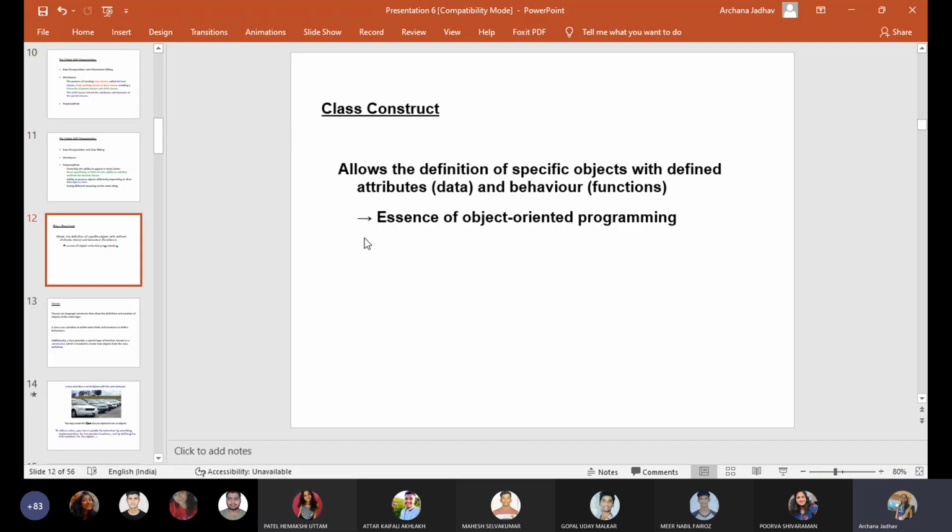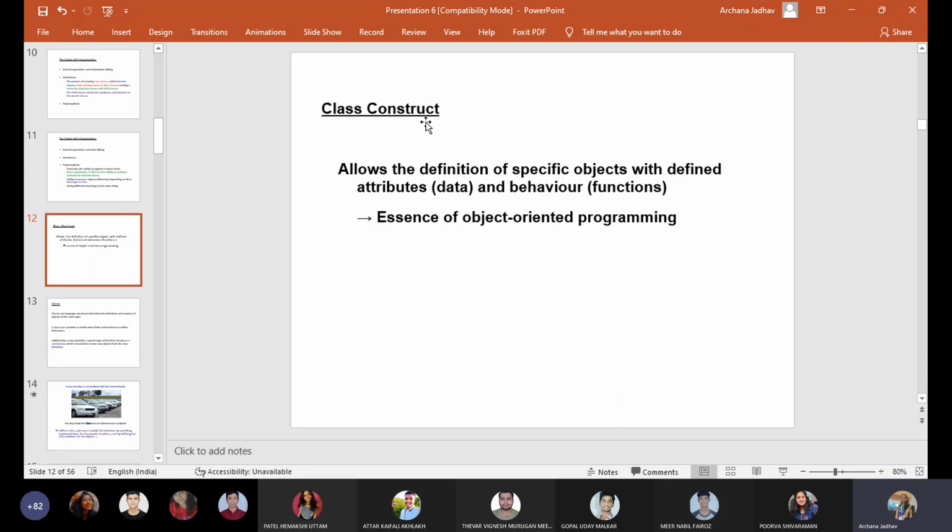Yes. Now we will see how exactly a class can be written. A class construct allows the definition of specific objects with defined attributes and their behavior.